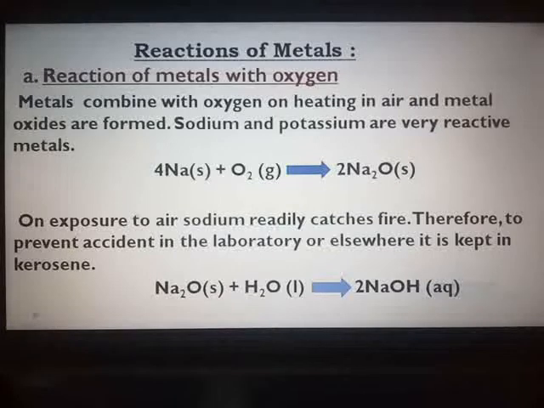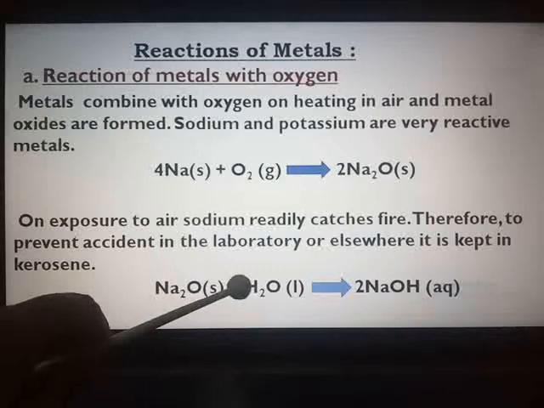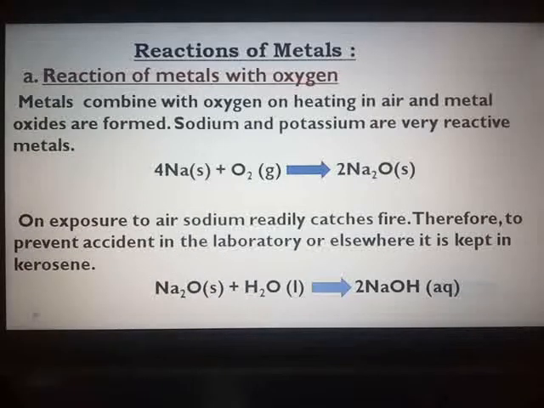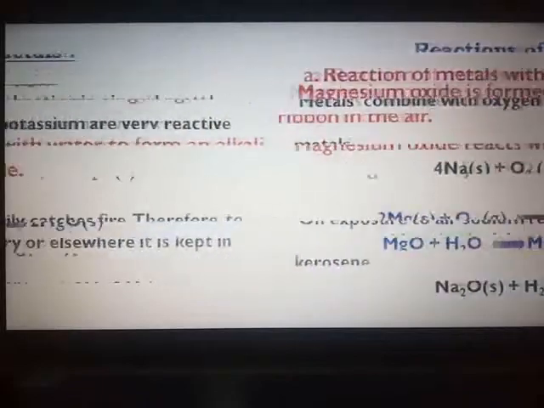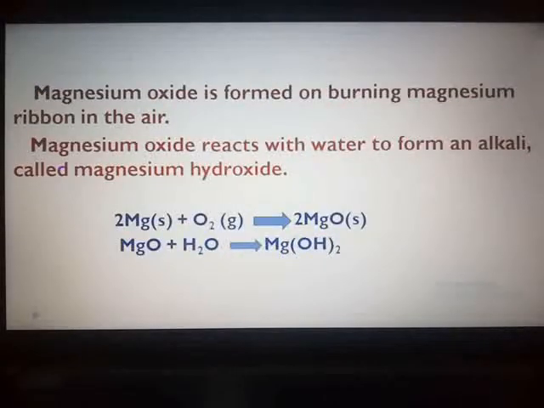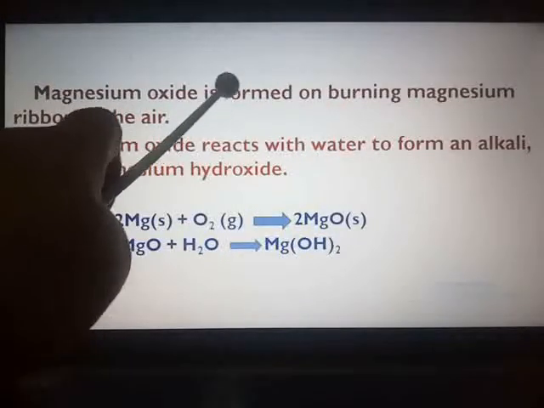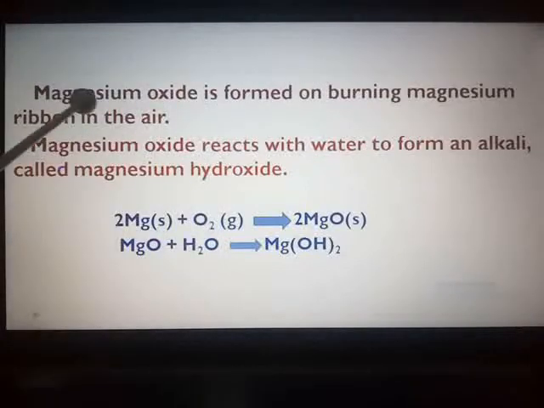The reaction of sodium oxide with water, you can see here oxides of some metals, they are soluble in water and they react with water to form alkali. So sodium oxide reacts with water forming sodium hydroxide, which is nothing but a base and alkali. Magnesium oxide is the other metallic oxide which is formed on burning magnesium ribbon in air.